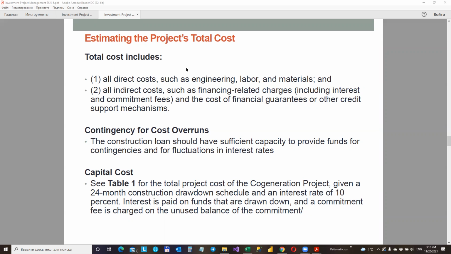Bank debt will fund 100% of the cost during the construction period. The engineering firm and local utility have arranged a 120 million construction loan facility. So we have the next input, the sum of the loan.